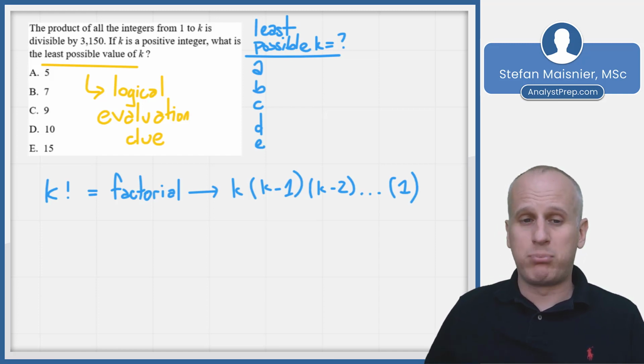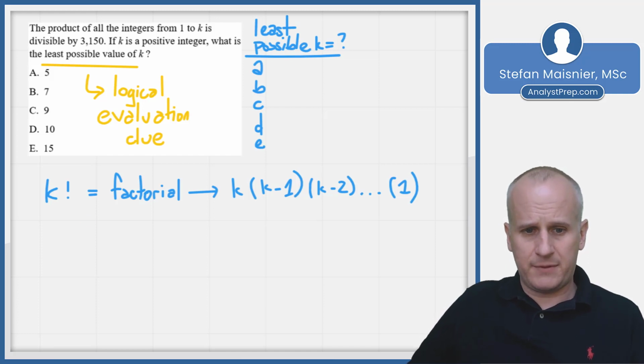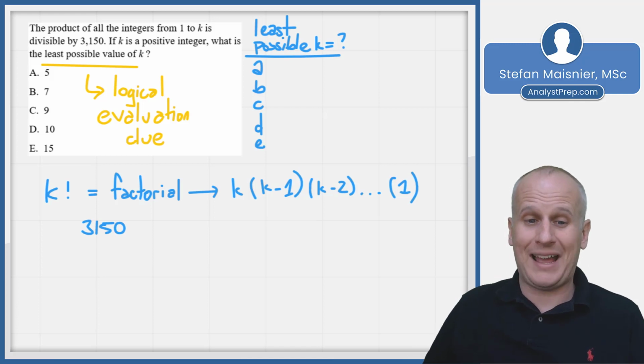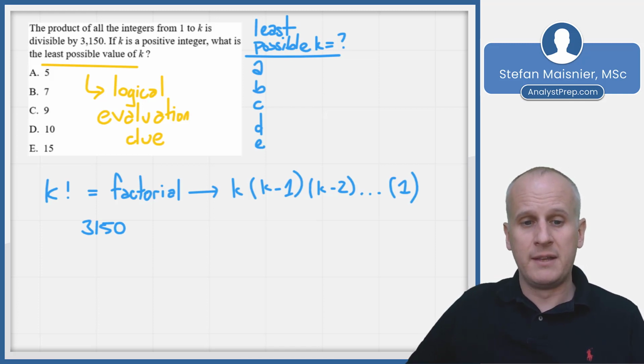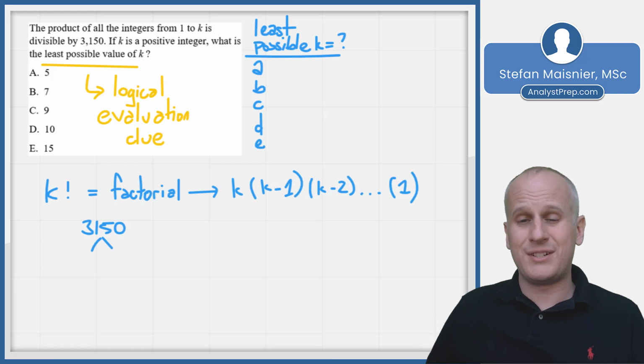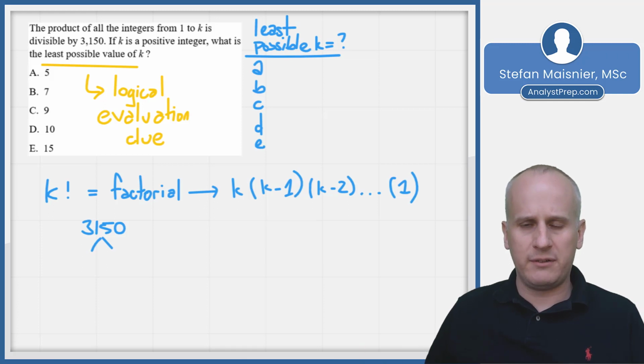So we need to break down the factors of 3150 because we know that k factorial has to be divisible by 3150. As we talked about, you always want to start by pulling out the clearly most obvious and somewhat equivalent factor of the product that you've got, the dividend, as it were, here.